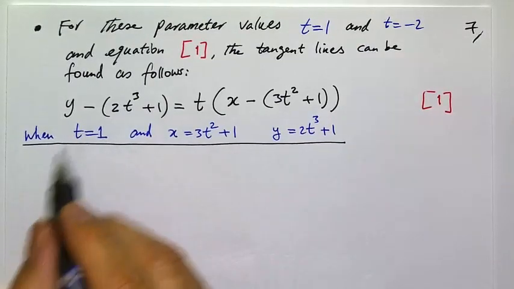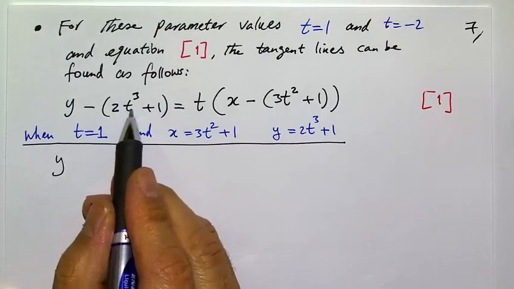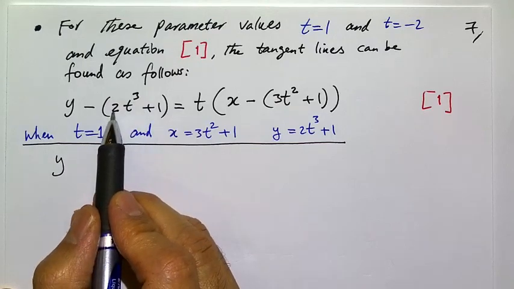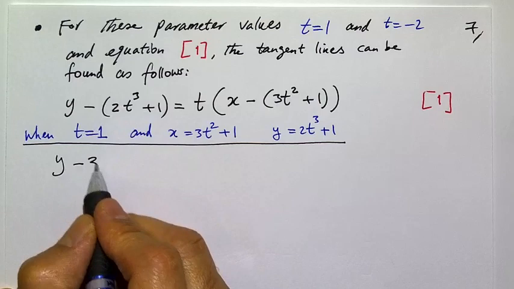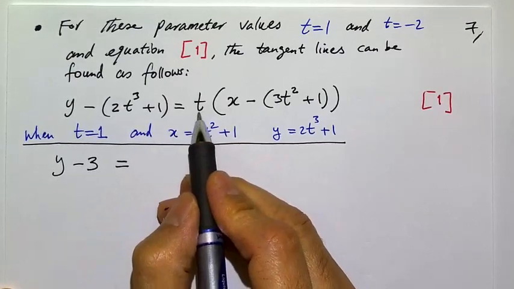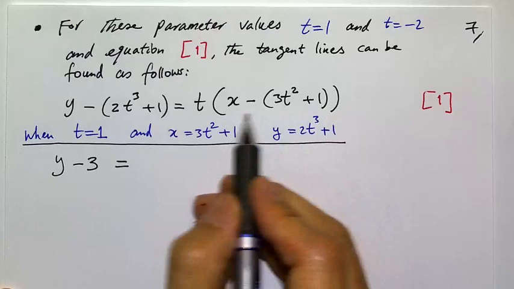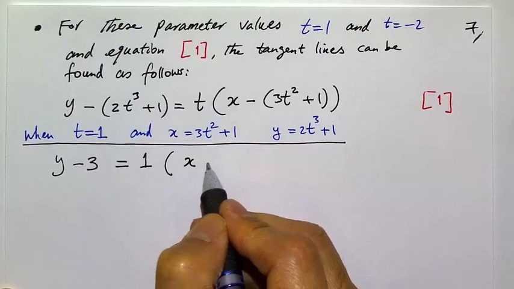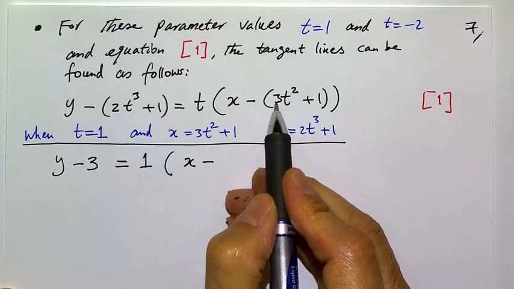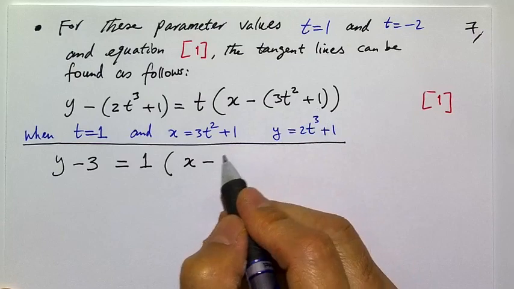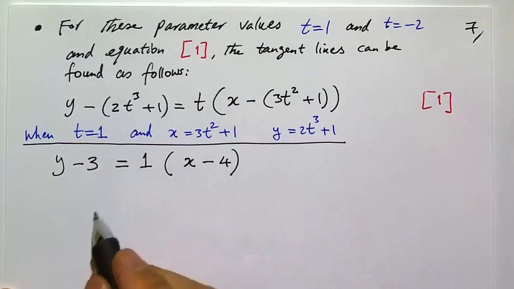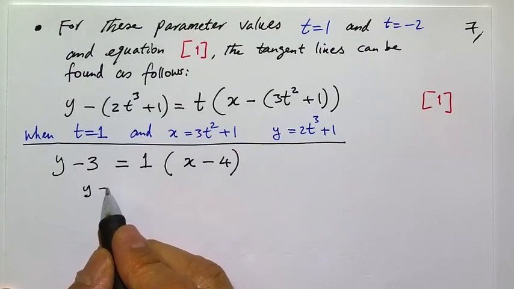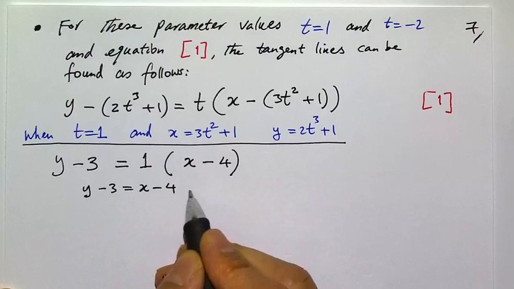So I'm just going to plug in for t with 1, right? So we get 1 cubed is 1 times 2 is 2 plus 1 is 3, so we get y minus 3 on this side. Here we get 1 times all of this, so we have 1 times x minus (1 squared is 1 times 3 is 3 plus 1 is 4). So x minus 4. So we get y minus 3 equals x minus 4.